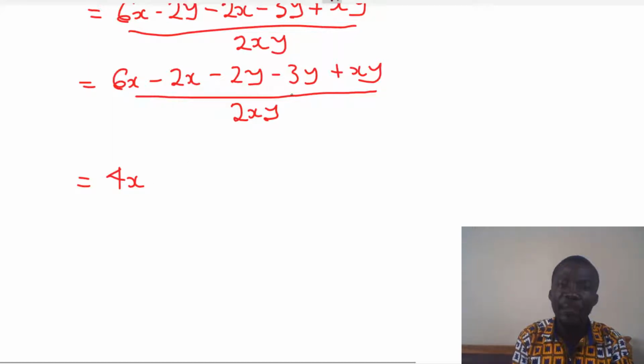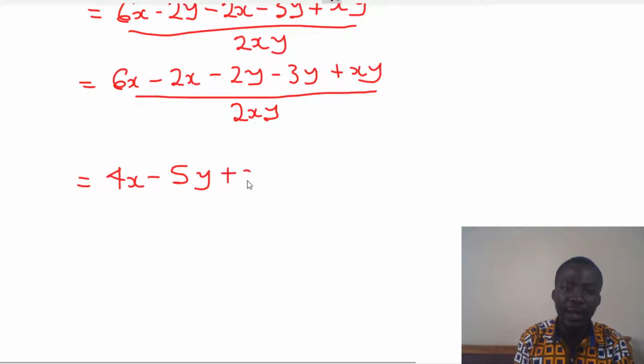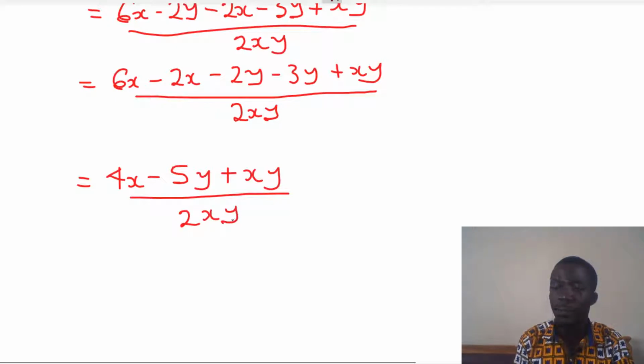Negative 2y minus 3y will also produce negative 5y. Then plus our xy divided by our 2xy. And this will be our final answer for the question.